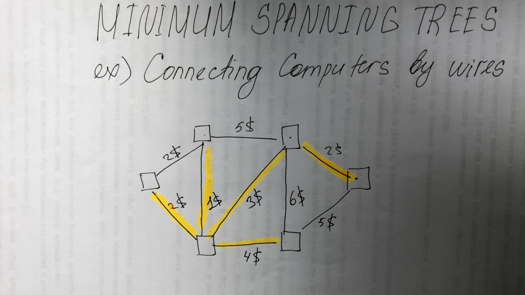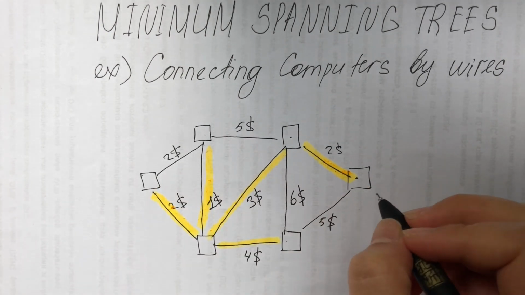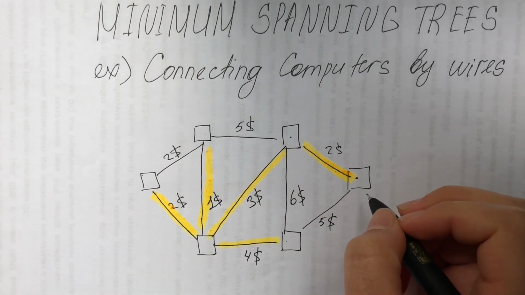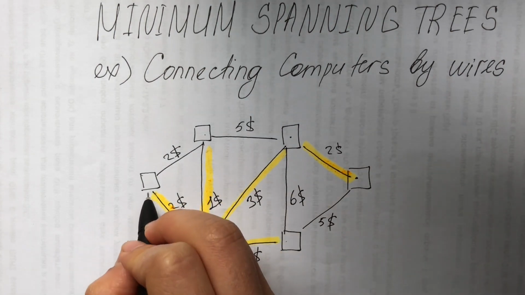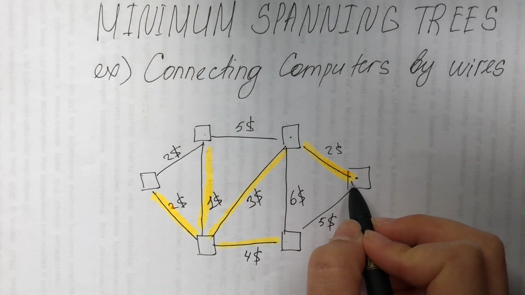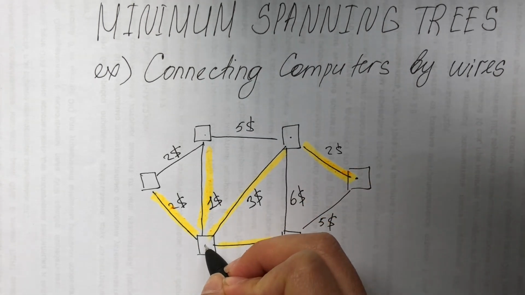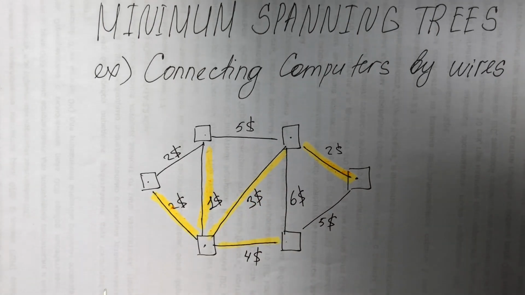So one of the optimal solutions is shown here. Here we can see that every machine is reachable from every other. So for example, if we take this one and we would like to connect it with this one, we will have a path from this to this, then to this one, and finally we can reach this machine.